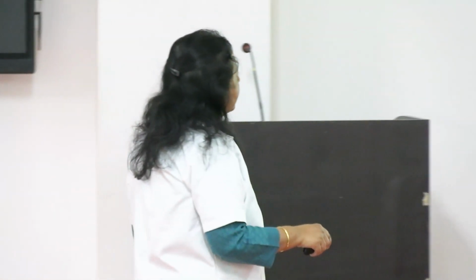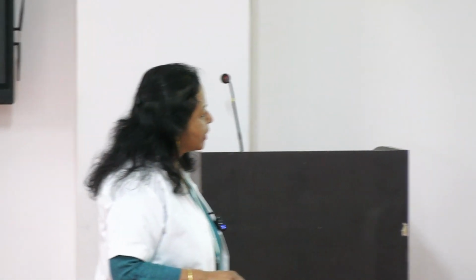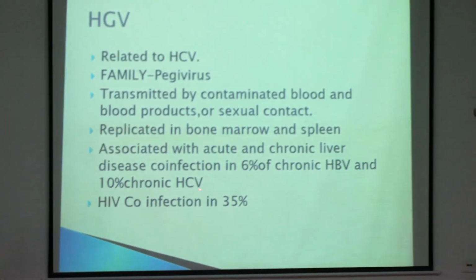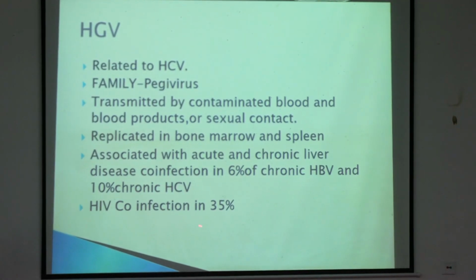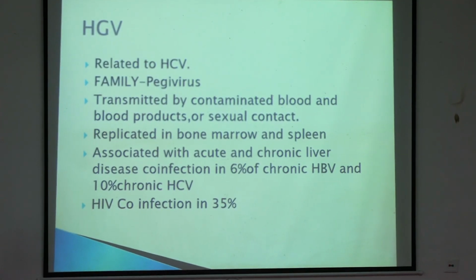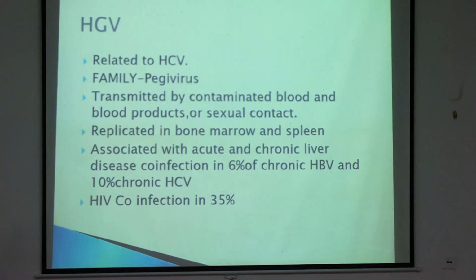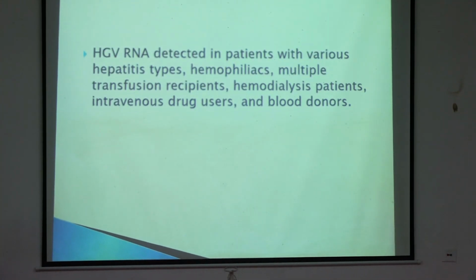So this is replicating in the bone marrow and spleen, associated with acute and chronic liver disease, co-infection in 6% of chronic HBV and 10% of chronic HCV. HIV co-infection in 35%. We have seen these co-infections because of blood and blood products.